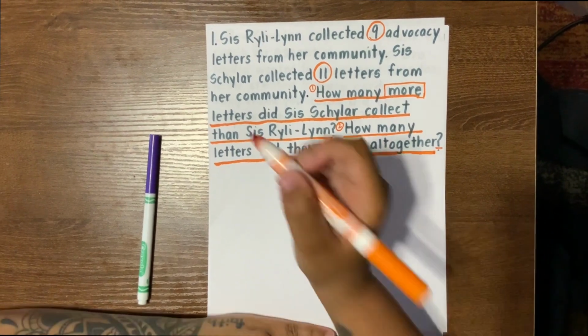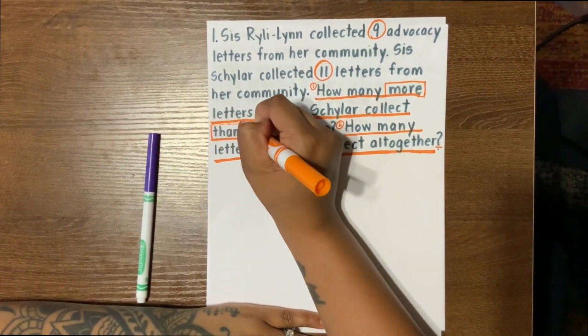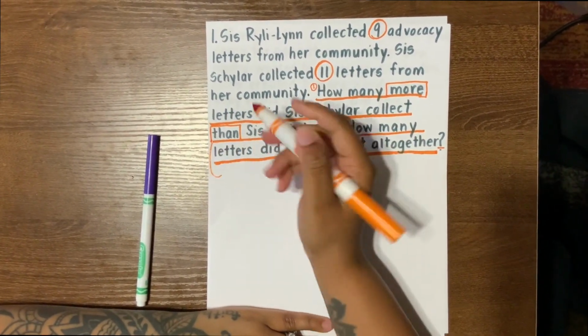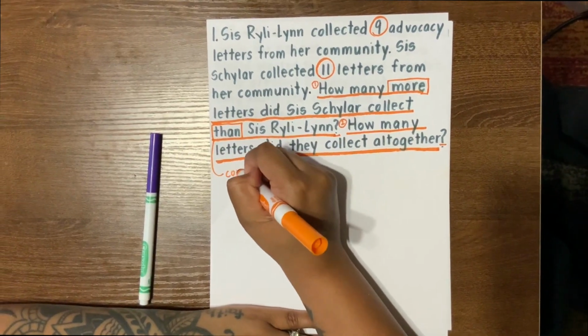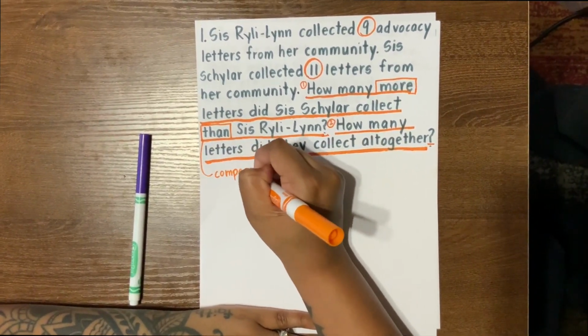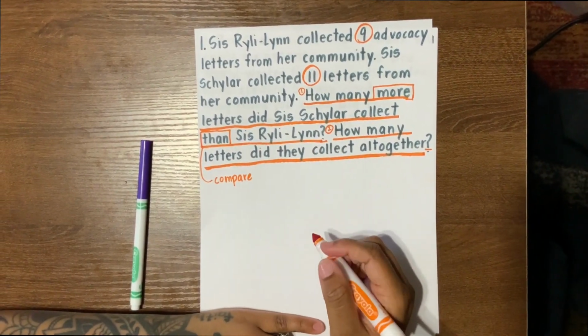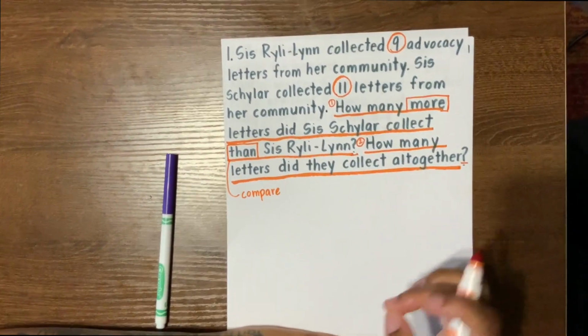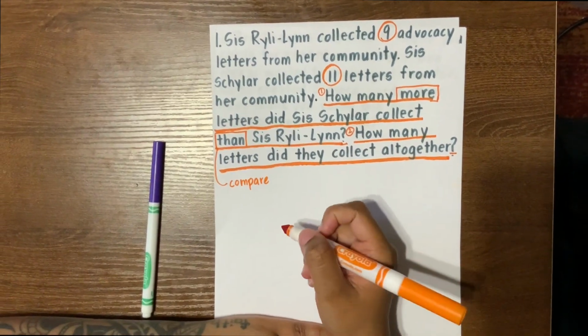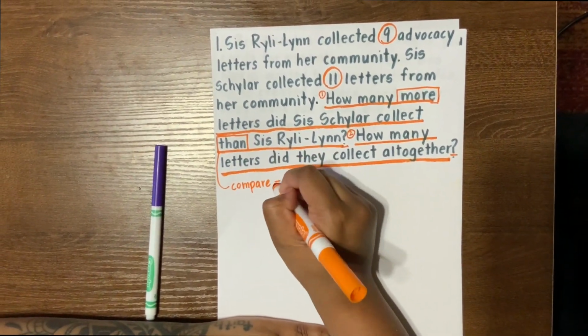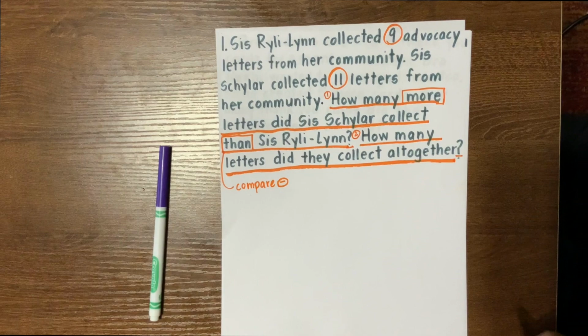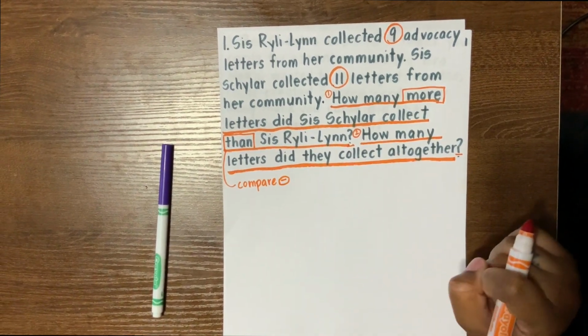I also see a keyword, which is than. Remember, this tells me that I'm going to be doing some comparing. I'm going to compare 2 parts. That tells me what operation I'm going to do. If I'm trying to compare 2 parts, I'm going to find the difference. And when we find the difference, we do subtraction. So I can annotate that. Make note of that.